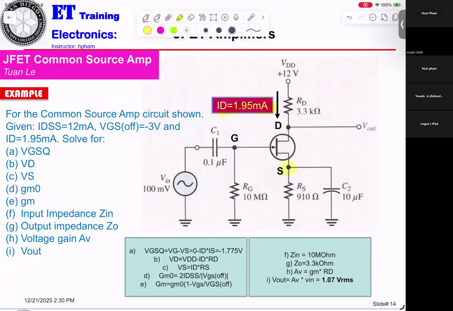Now come to the common source amplifier circuit. They give an IDSS and VGS off. Now they want to calculate the VGS Q, VD, VS, GM0, GM, input impedance, output impedance, voltage gain, and Vout.